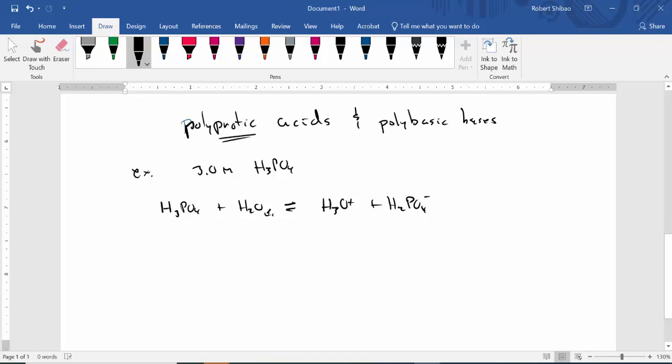So we're going to make this big, but not too big, because if we make it too big, what kind of error are we introducing? Activities, yeah. If we make it too big, then we shouldn't be using stoichiometric concentrations. We should be using effective concentrations.